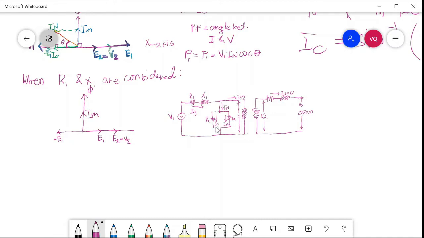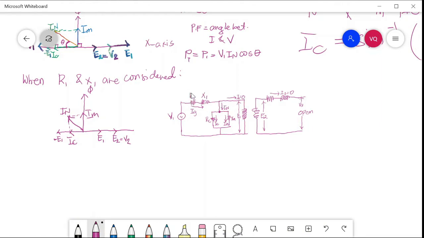Your IC is in phase also with E1. The sum of these two will be your IN, and the current flowing in R1 and X1 is the same current IN because they are in series. I1 is equal to 0.